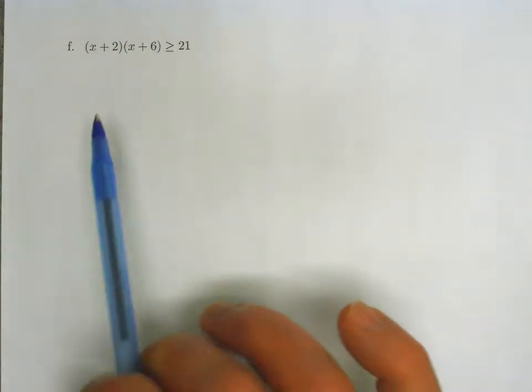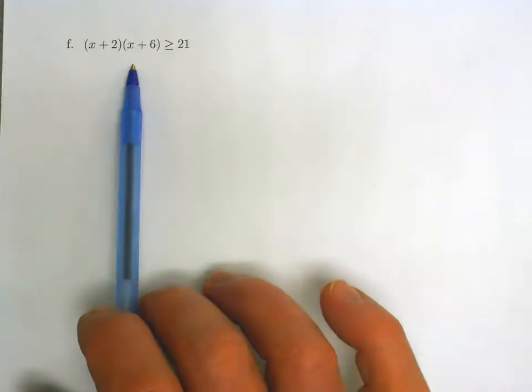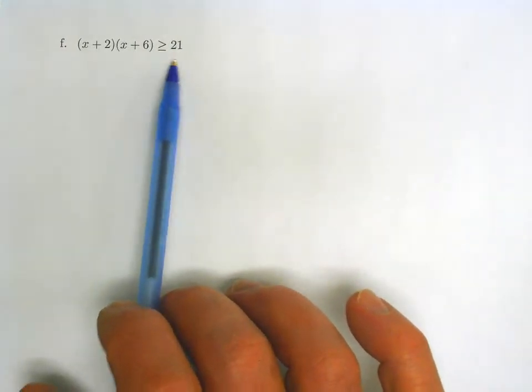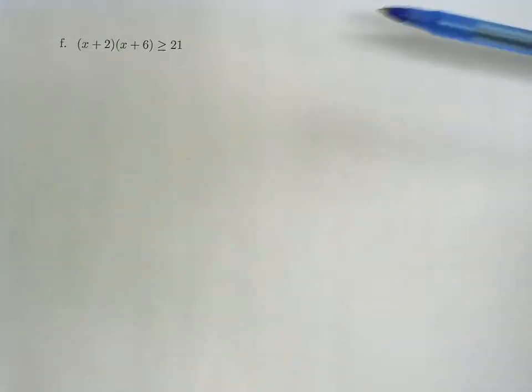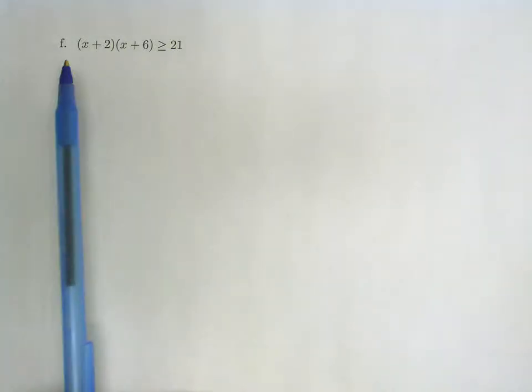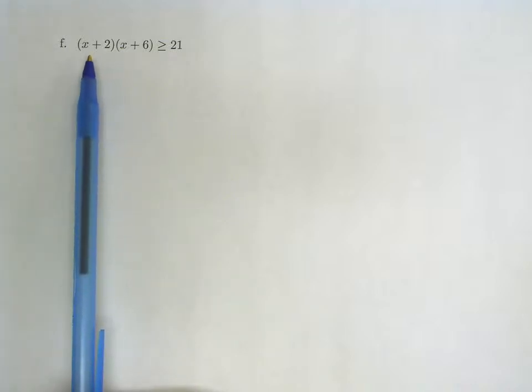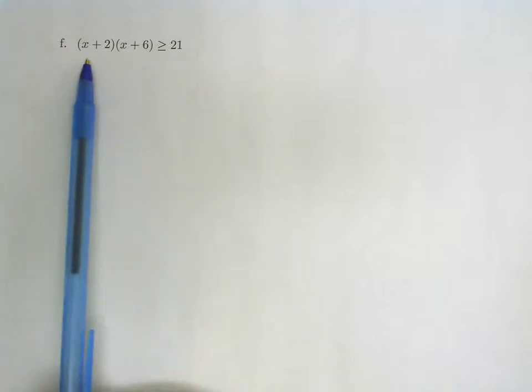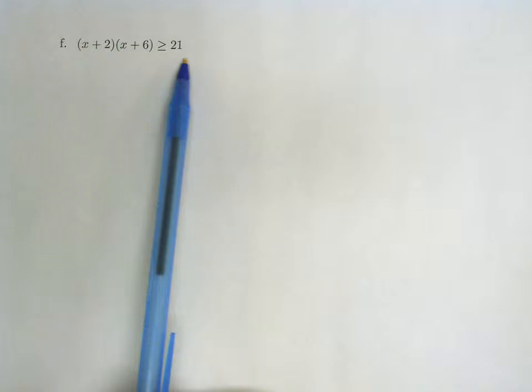Okay, this one down here, (x + 2)(x + 6) is greater than or equal to 21. We have some preliminary work to do before we'll be ready to find the endpoints. I suppose if you looked, you could probably eventually find the endpoints using this inequality.